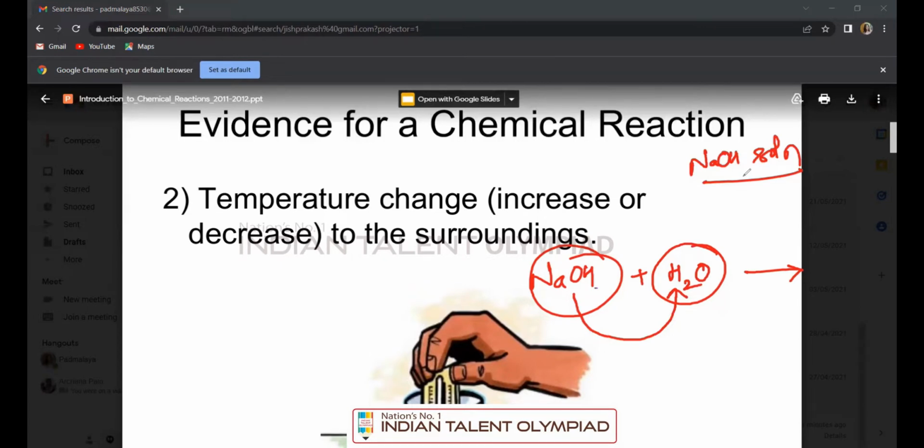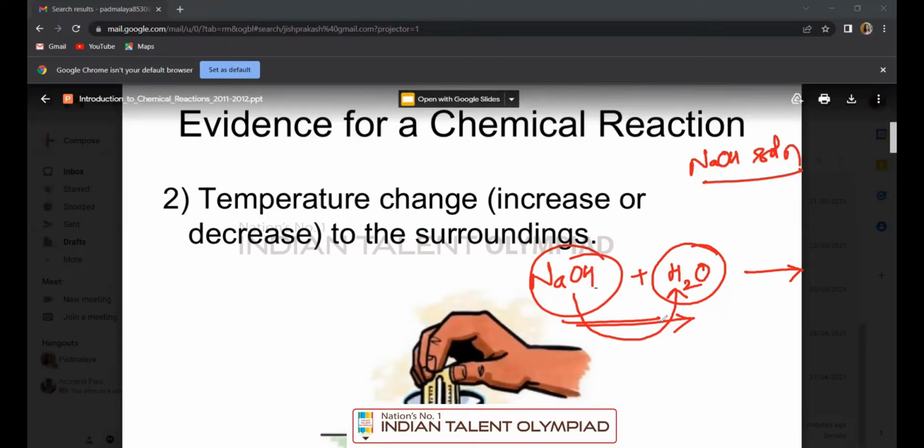Whenever a high amount of heat energy is released, it is an indication that the reaction is exothermic. The reaction between sodium hydroxide and water is highly exothermic.